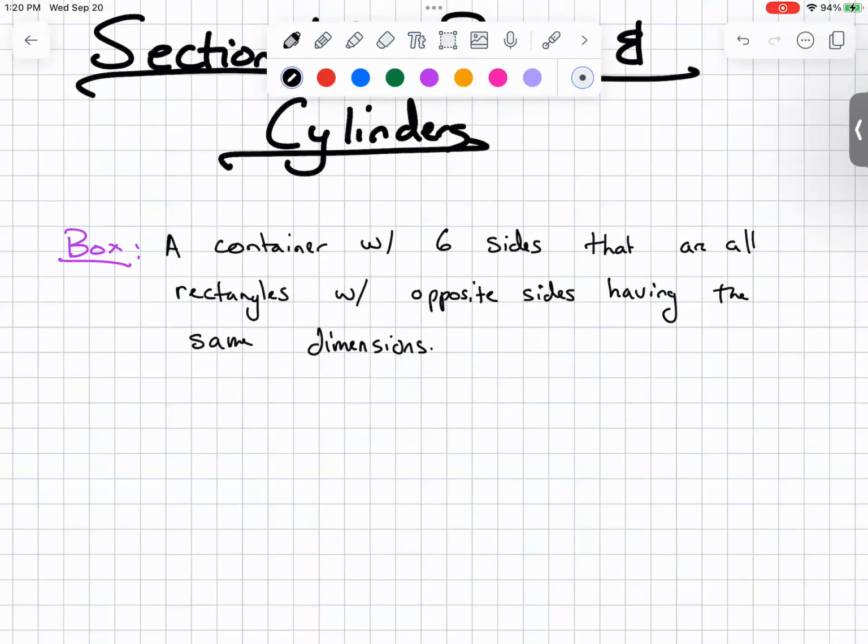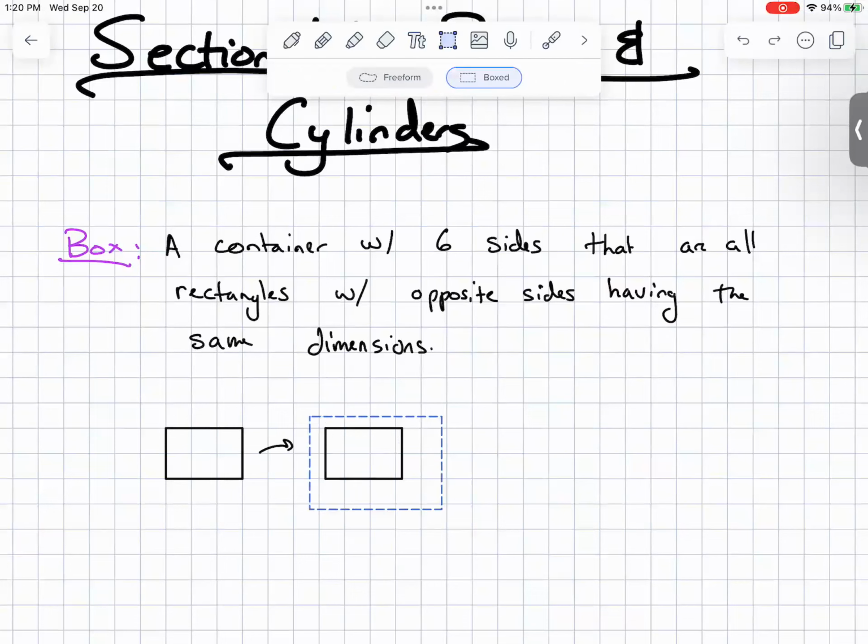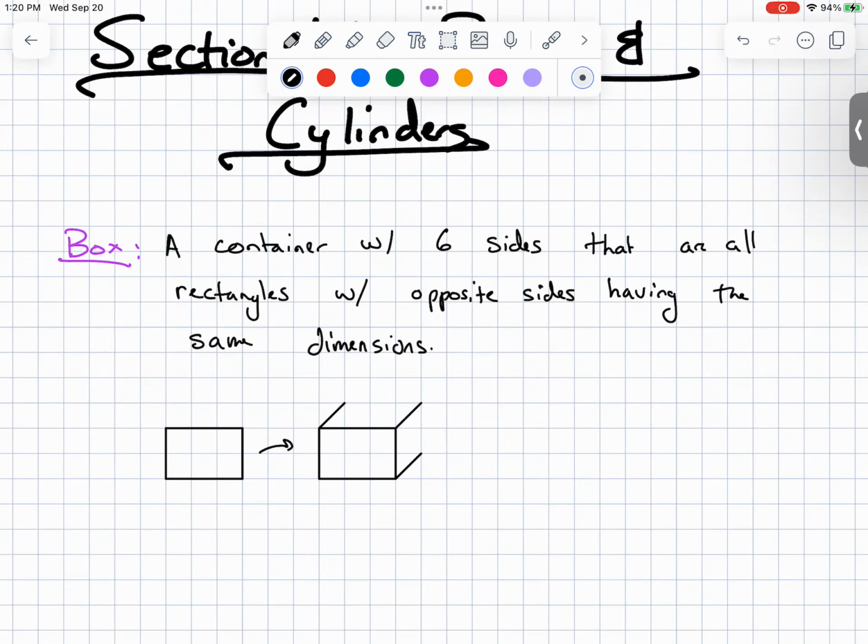And then I want to talk about the different names of the parts of a box. And in case you've never had to draw a box, it's actually quite fun. Start off with just a rectangle. And then what we do with that rectangle is we add 3 lines stemming out from it that are all the same dimension, the same distance.